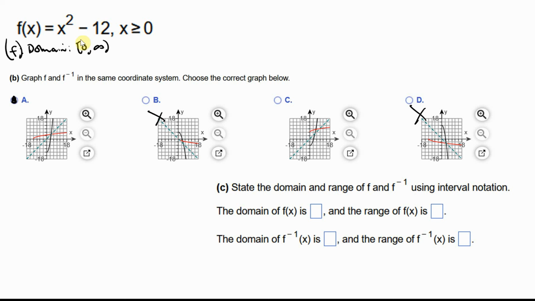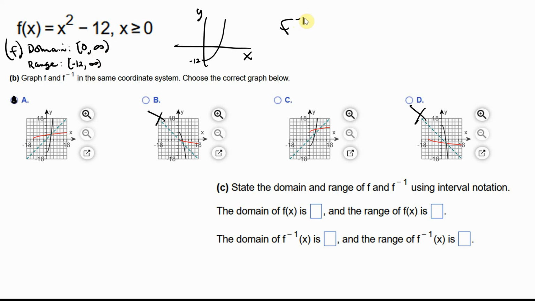Now, if you look at this graph, it has a vertical shift down to negative 12. So my range goes from negative 12 to positive infinity. Right.